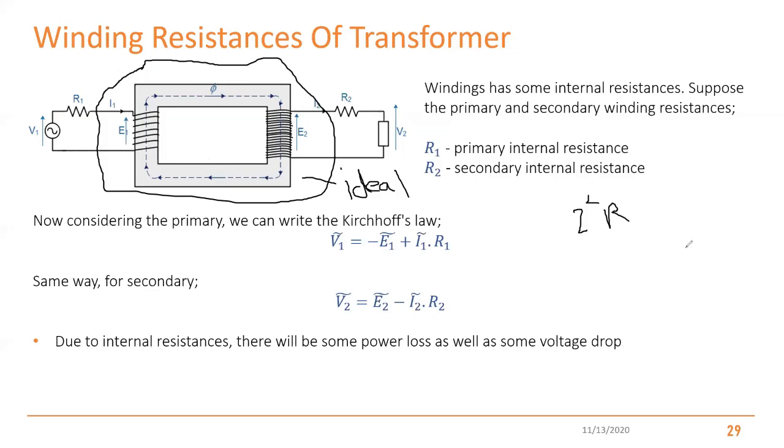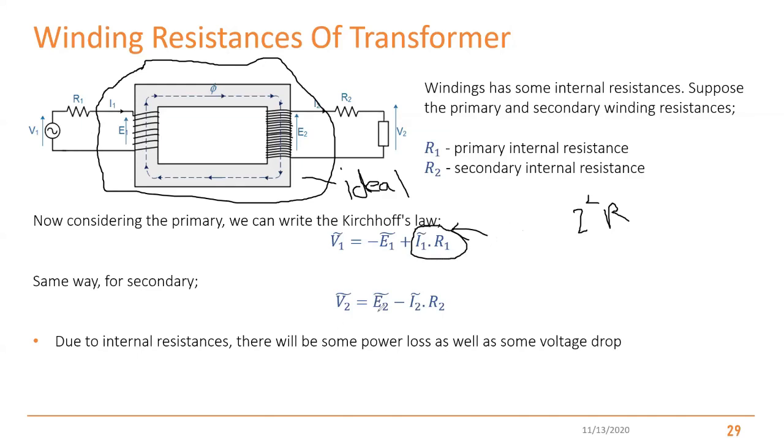Therefore, we can remove it from the internal system and connect it to the outside of the ideal transformer. The circuit remains the same even if we change it like that. Therefore, the same kind of equations we can write now. Using Kirchhoff's law for primary and secondary, if you apply it for the primary, you can understand that this resistor acts as an additional voltage drop.